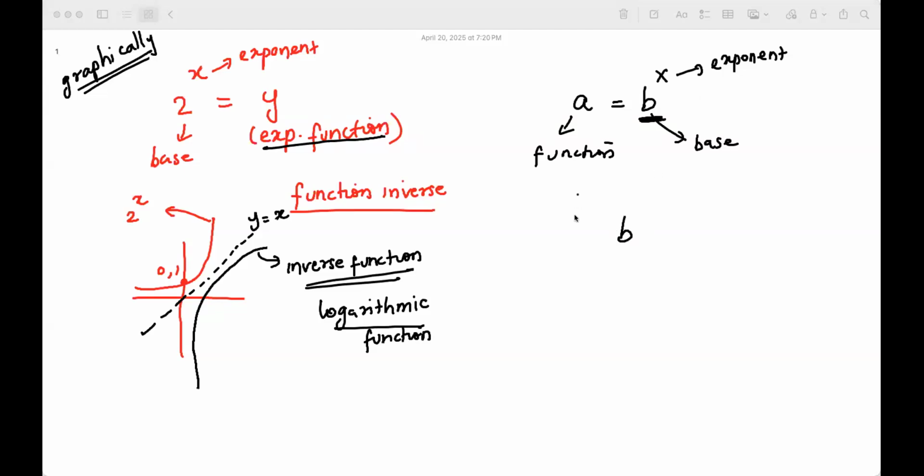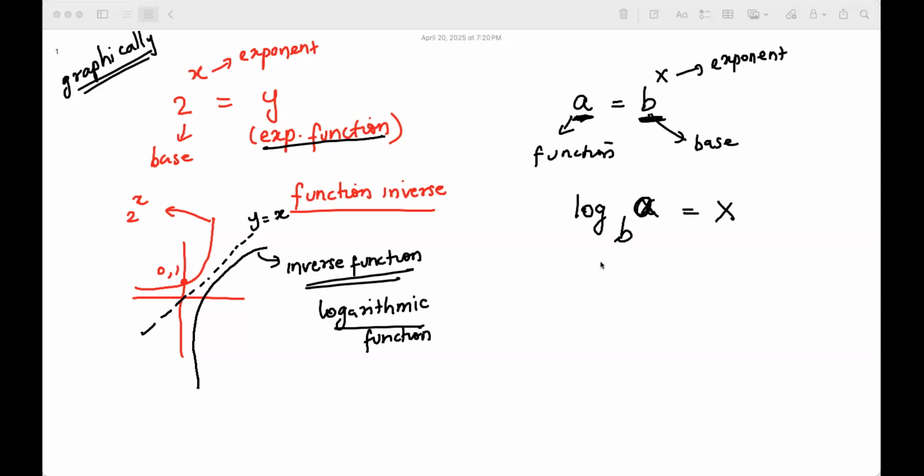So I will write log of the exponential function's y value, a, but the base will be the same. That will be equal to x.